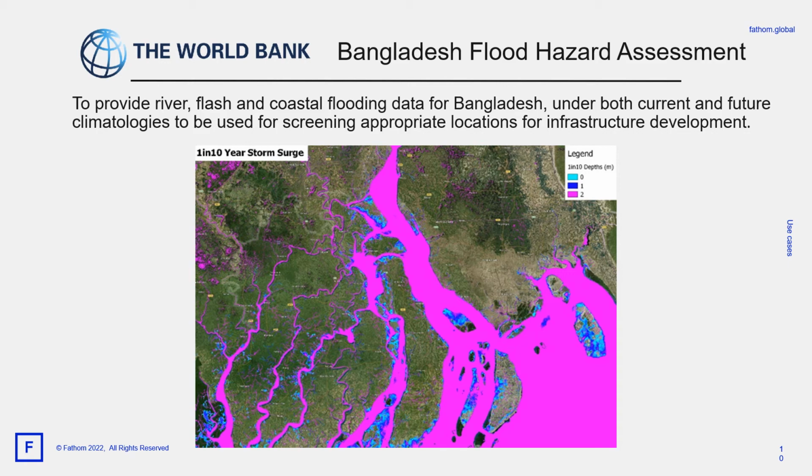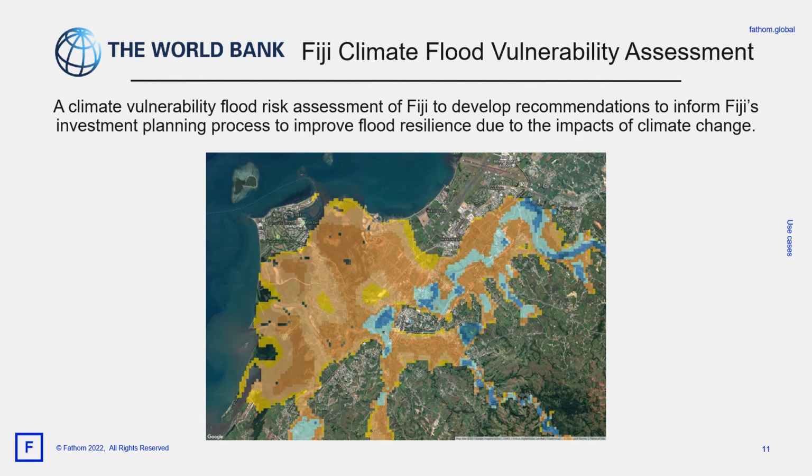And the next slide again is a very, very similar case. This is for Fiji, and similar to the previous slide, it's looking to assess the flood risk due to climate change to maximise resilience going forward. Now, all of the case studies, the 4 case studies that I've spoken about to date have been in areas where there is data scarcity.